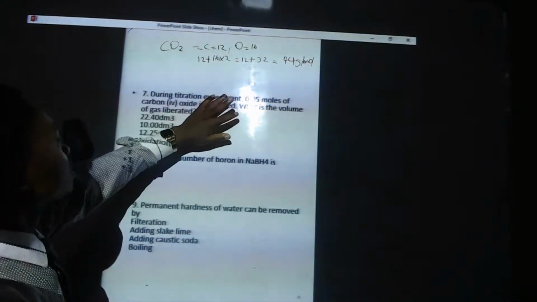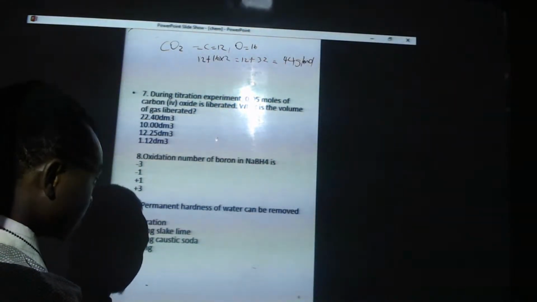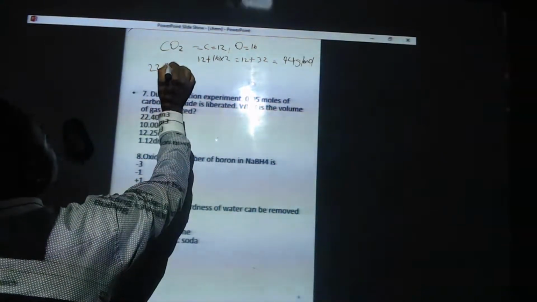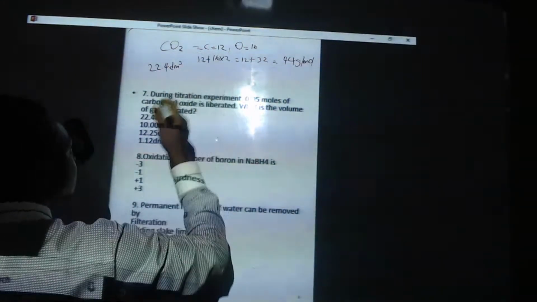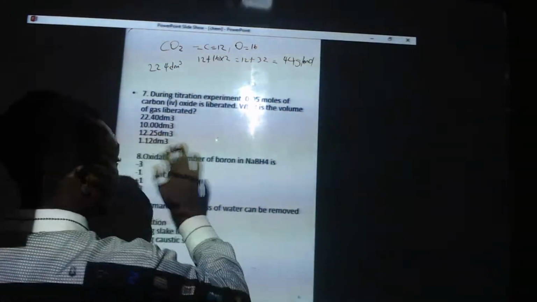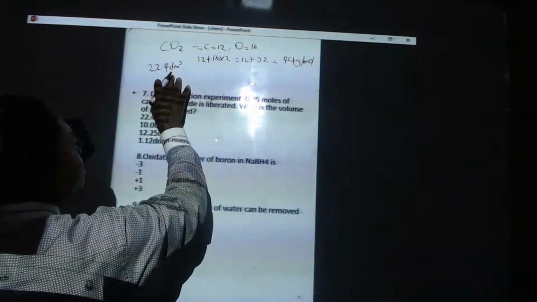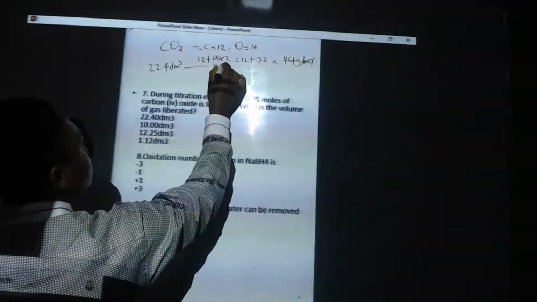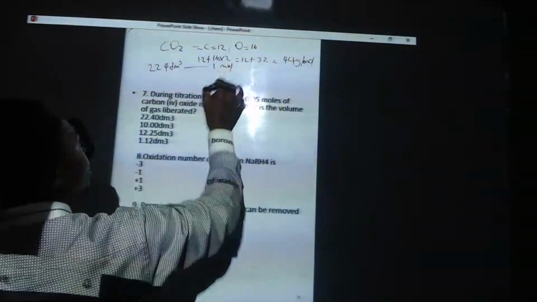Now they ask you what is the volume of this. 22.4 dm cube is the molar volume of the gas, the standard volume of every gas is 22.4 dm cube. So 22.4 dm cube is to 1 mole.